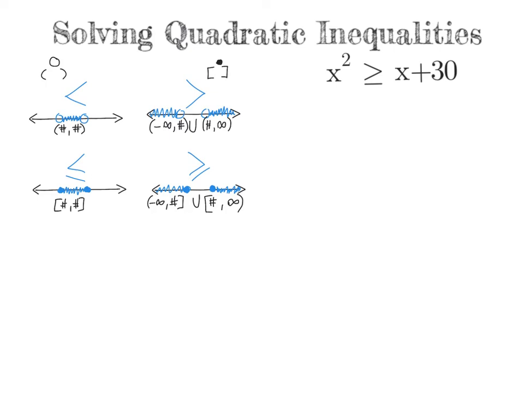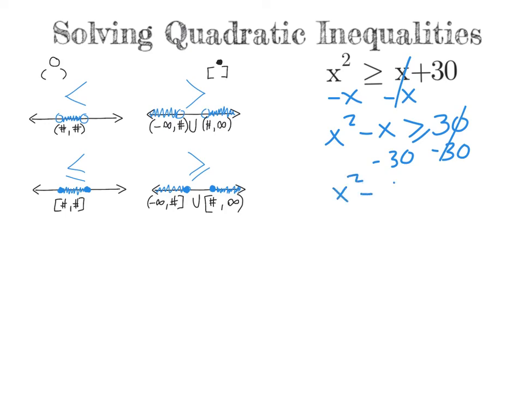So I'm going to move it to the left by moving the x to the other side. Since it's positive x, I'm going to do minus x. And I have x squared minus x greater than or equal to 30. Then I move the 30 to the other side. Since it's positive, I do the opposite. And I have x squared minus x minus 30 greater than or equal to 0.